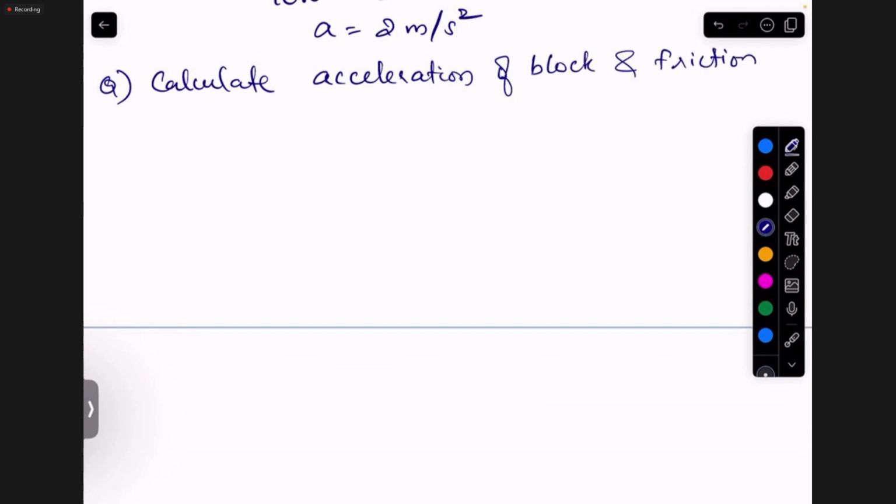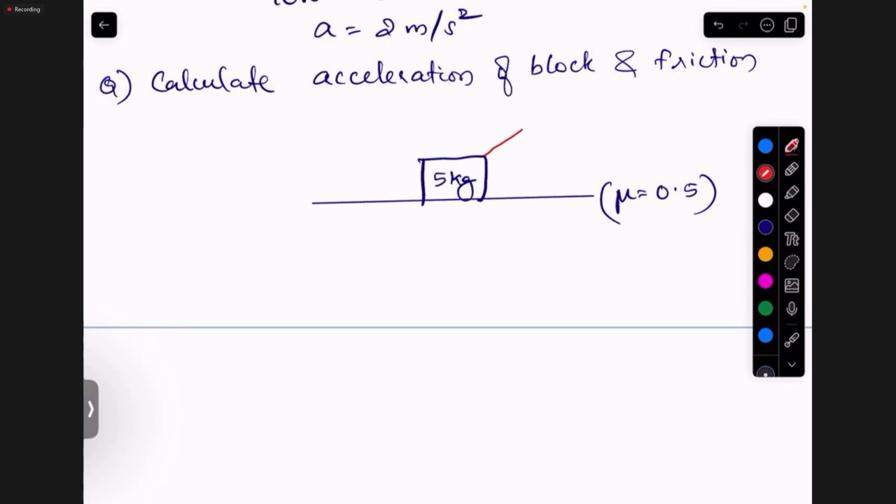The setup is like this. So this is the surface. Mu equal to 0.5. And there's a block over here, which is of 5 kg. It is being pulled by a force of 30 Newton at an angle of 37 degrees.